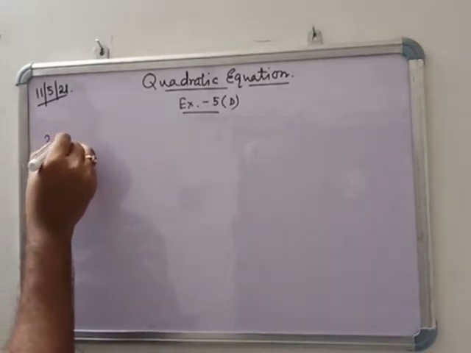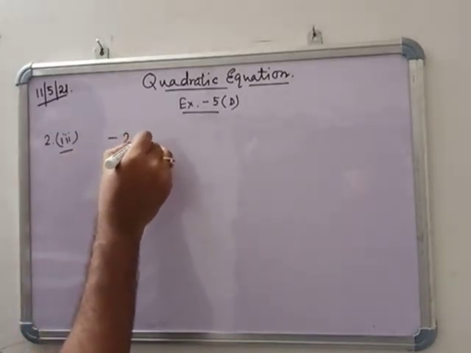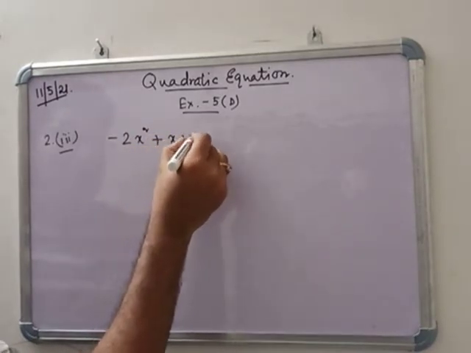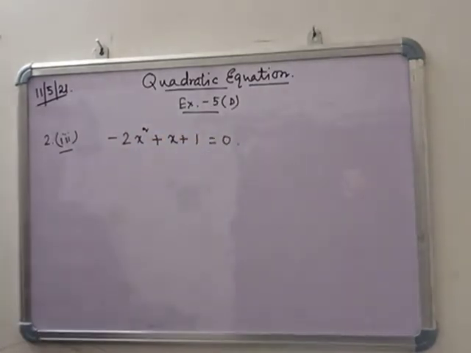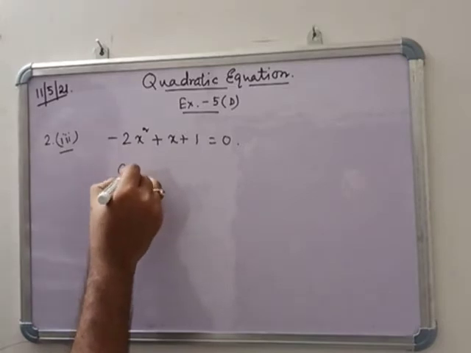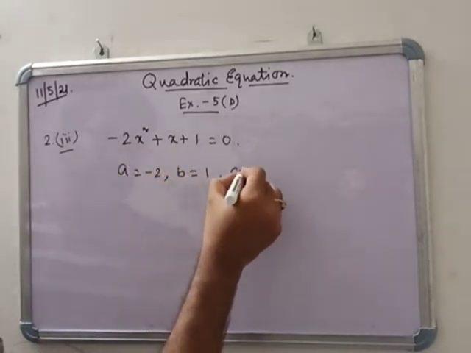In 2 and 3, given 2 minus 2x square plus x plus 1 equals 0. We write the same, comparing with ax square plus bx plus c equals 0. Then we get a equals minus 2, b equals 1, c equals 1.